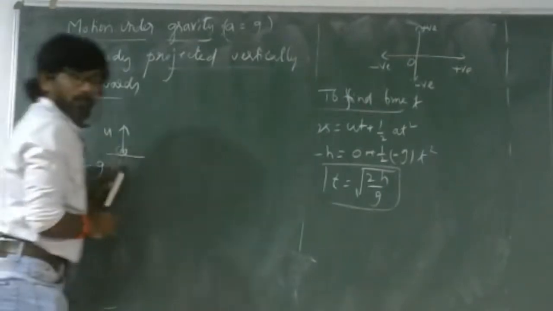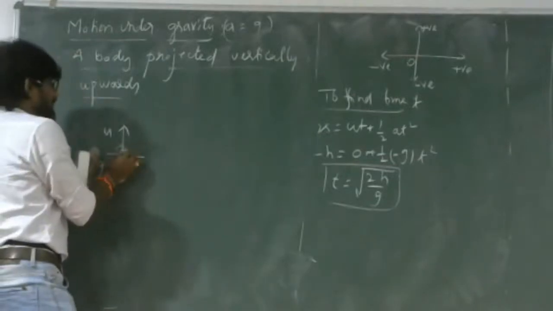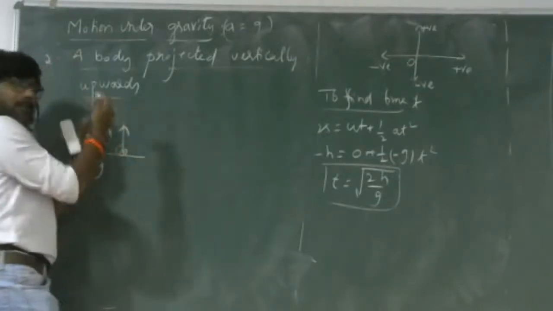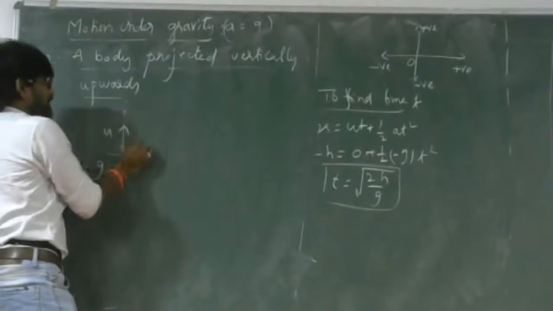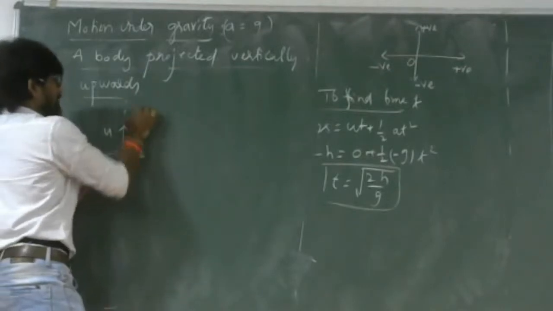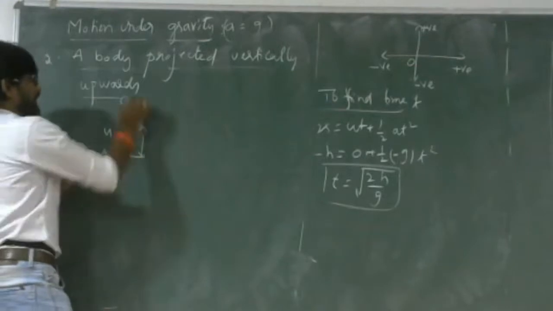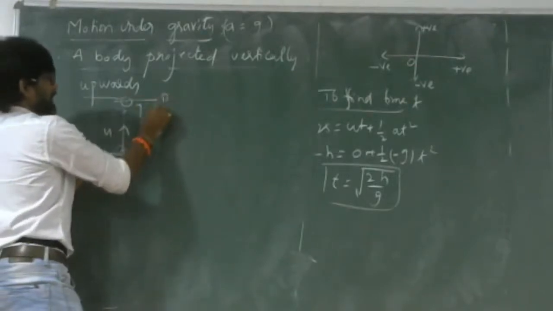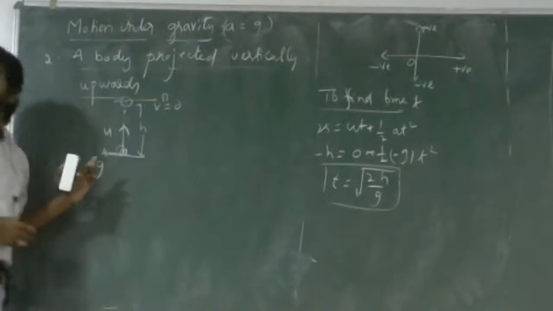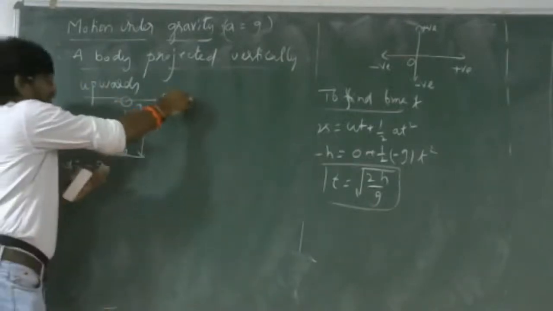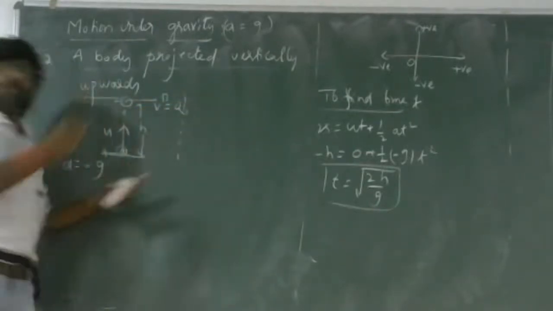Now because the force is acting down, speed will decrease gradually, and after reaching some maximum height h, it stops. This is the initial velocity here, let us say at point A, and at point B the final velocity will be 0. Then again it travels back and reaches the ground.